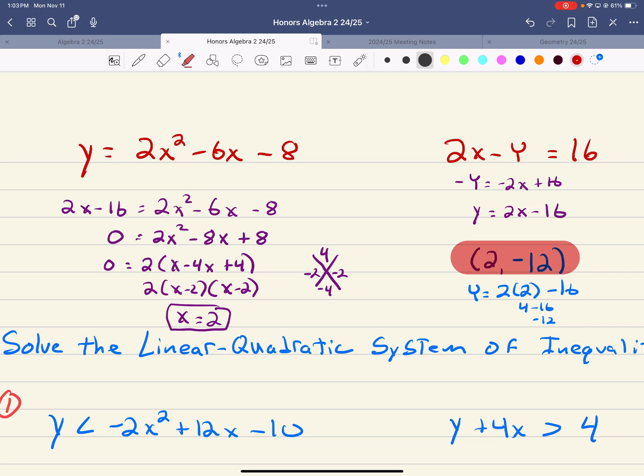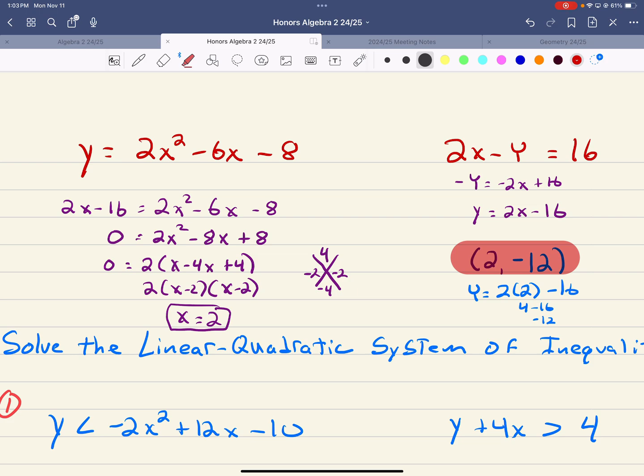Remember, first rule of factoring is factor out a 2 first. Now if you wanted to use the quadratic formula, that's fine. You just would have got a 0, I think, probably. So that's x minus 2 and x minus 2, so x is 2. Substitute 2 back in there, you get -12. Any questions with that one?